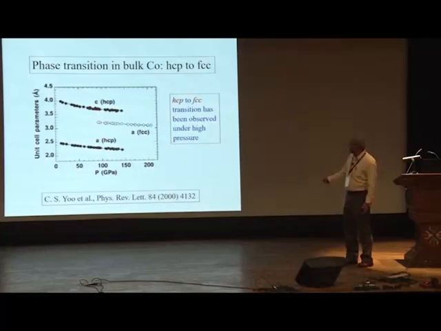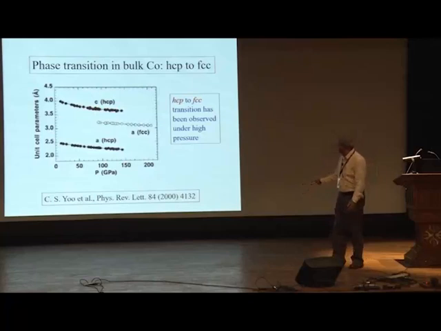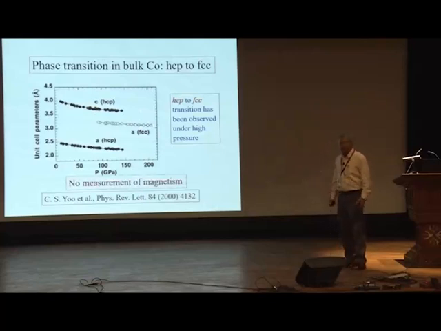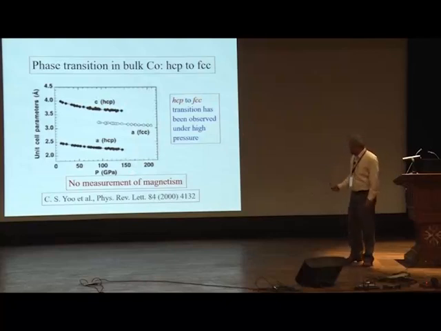From here up to about 150, there is a mixed phase, hexagonal close packed as well as face-centered cubic. Beyond that, there is only a face-centered cubic phase. So here you expect loss of magnetism, but in these experiments there were no magnetic measurements. Obviously it is difficult to carry out magnetic measurements under such high pressures.